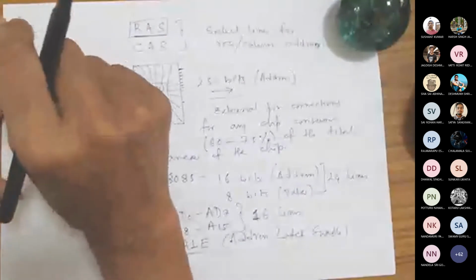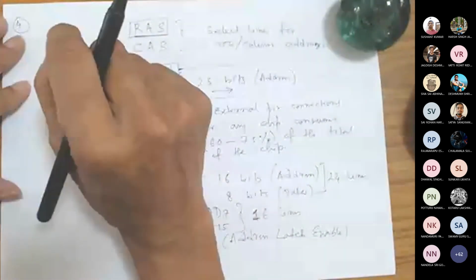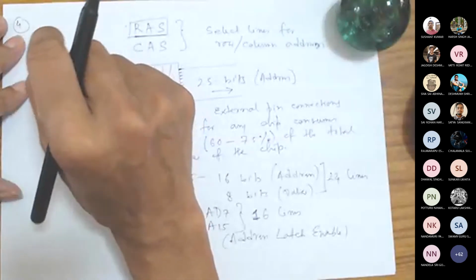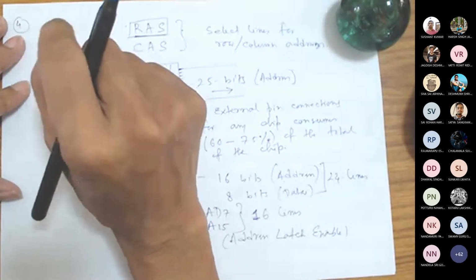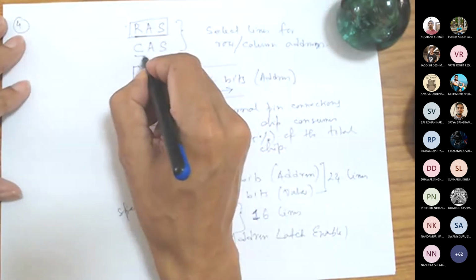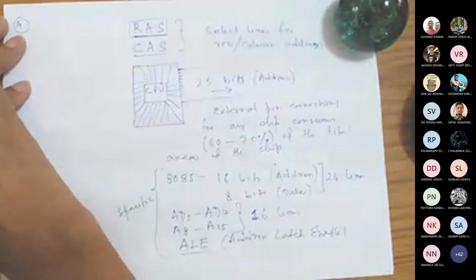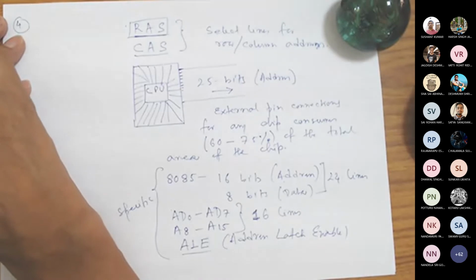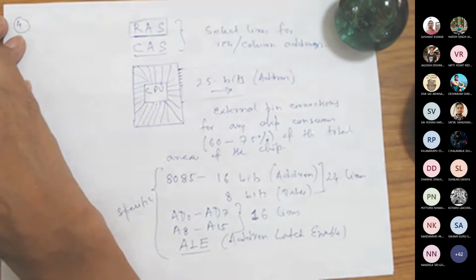Shortly after the row address is loaded, the column address is applied to the address pins and loaded into the column address latch under the control of a second control signal, the column address strobe or select.